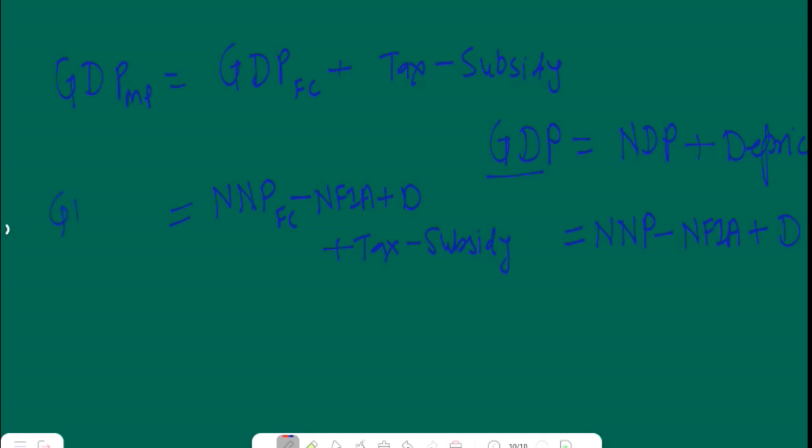So when we exchange terms in this equation, we get NNP at factor cost is equal to GDP at market price plus NFIA minus depreciation minus tax plus subsidy.